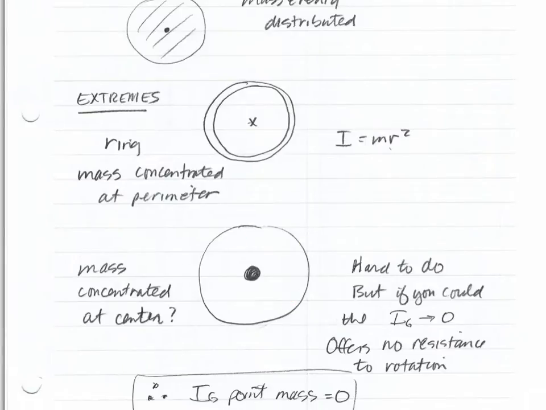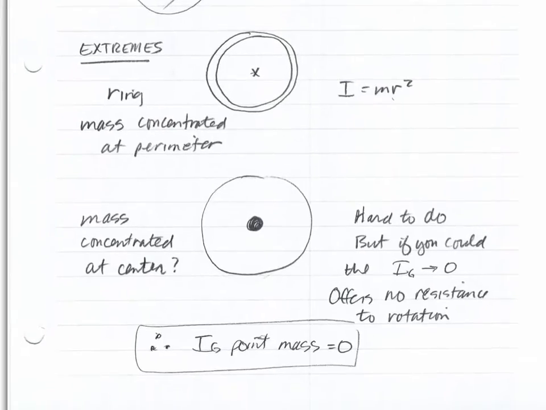But if we did have a point mass, with all the mass pointed in the middle, that would say that the radius there was equal to 0, and it would say that there was no resistance to rotation. So everything's focused in the middle, and if you put a torque on there, Ig would be equal to 0. So what we're saying here is I about G of a point mass is equal to 0.